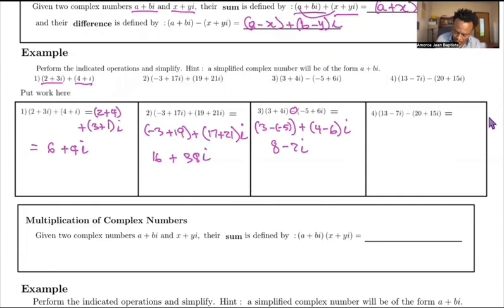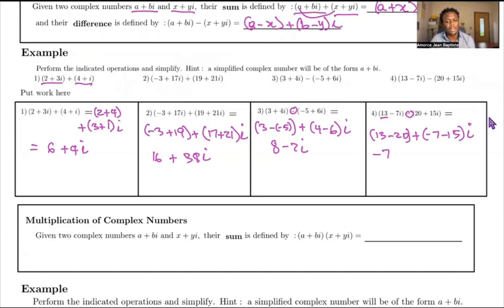And the last example here is 13 minus 7i. It's a subtraction. 20 plus 59. So that's 13 minus 20, plus -7 minus 15i. So this is -7.